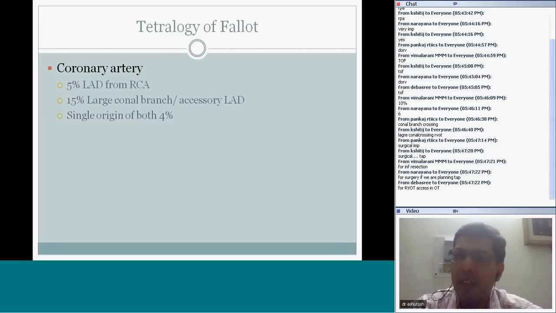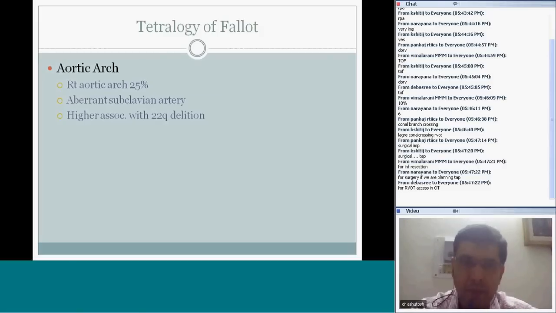So yes, it is of surgical importance because if any vessel crosses anteriorly and you have an inadequate pulmonary annulus, then your surgeon might require a transannular patch. In those cases, presence of an anomalous coronary artery in that area may require something additional, sometimes a double barrel, sometimes they are able to use a small gusset or whatever they get, but that's important and it's a good idea to inform the surgeon beforehand.